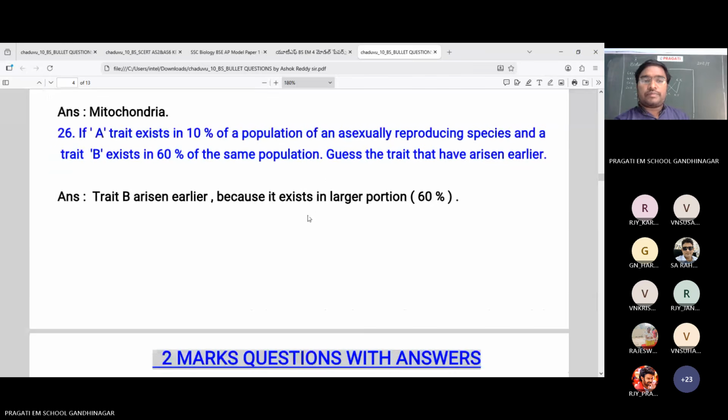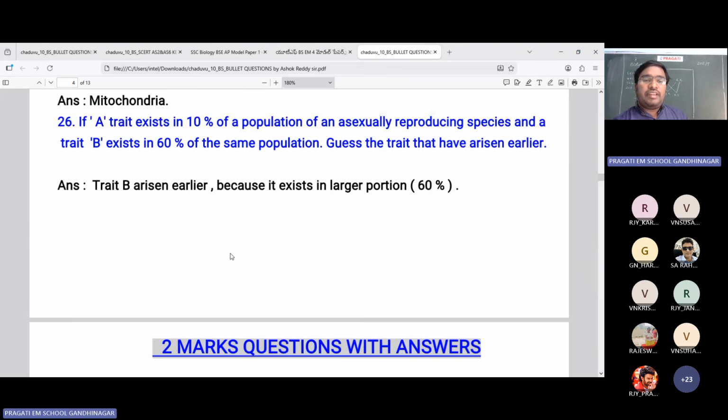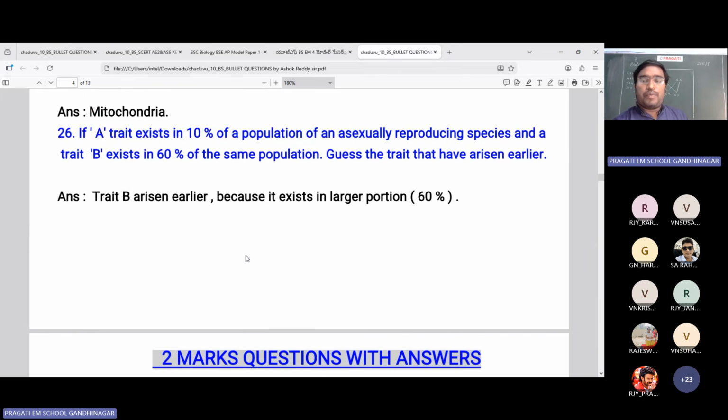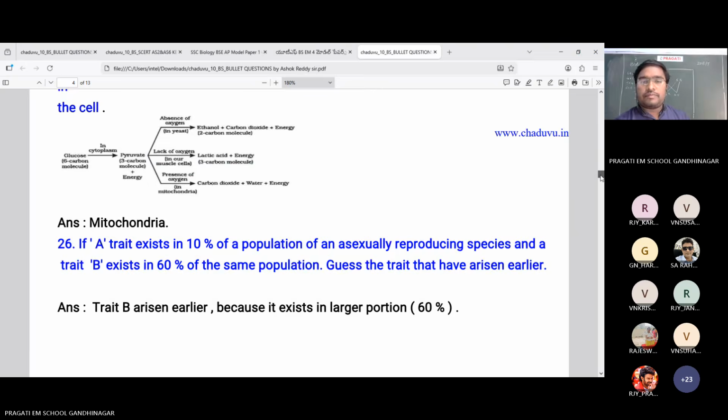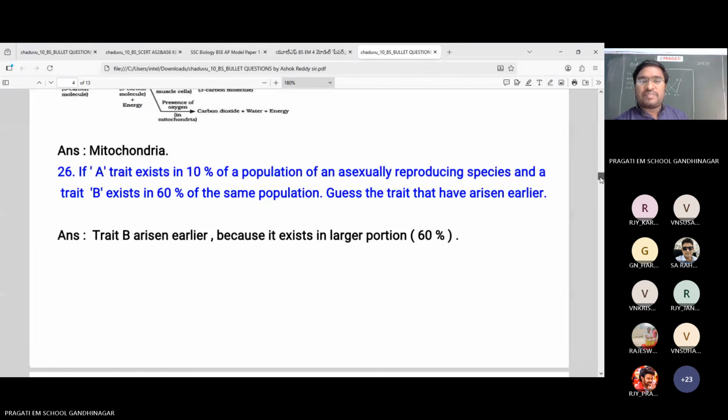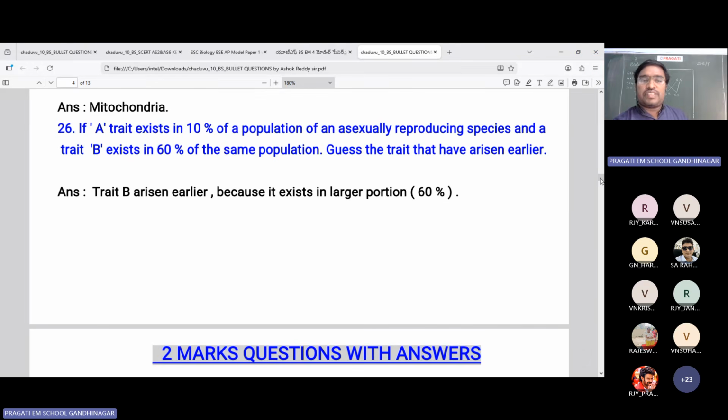Now, 26th question. If trait A exists in 10% of the population of an asexual reproduction species, and trait B exists in 60% of the same population, guess the trait that has arisen earlier.